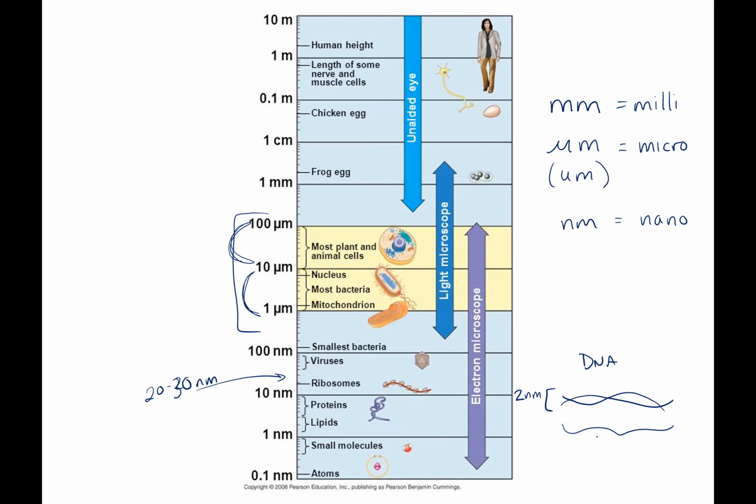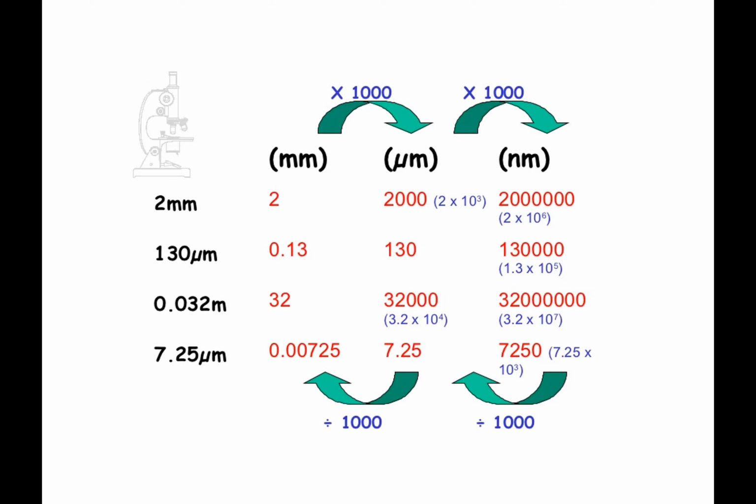So again, nanometers, millimeters, and micrometers. And what I want you to understand is that the difference between these units is 1,000-fold. So let's look at that. Milli is the largest, then micro, then nano.